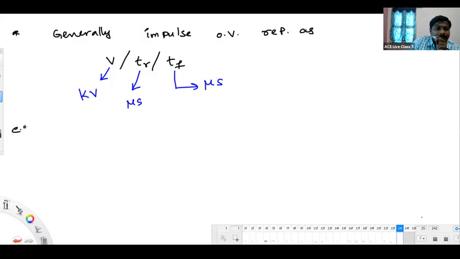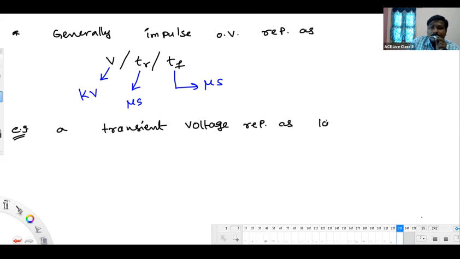For example, a transient voltage is represented as 1000 by 1 by 50. What do you mean by this? They will give a transient voltage like 1000 by 1 by 50. My intention is to tell you, they don't put kilovolts and microseconds in this description.